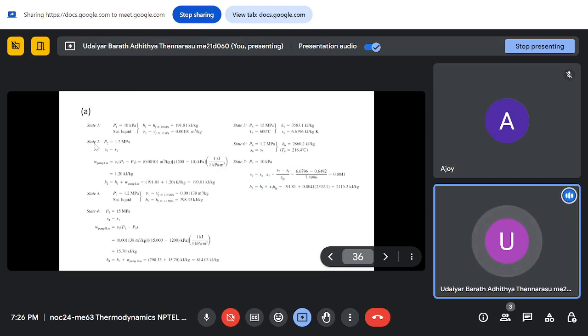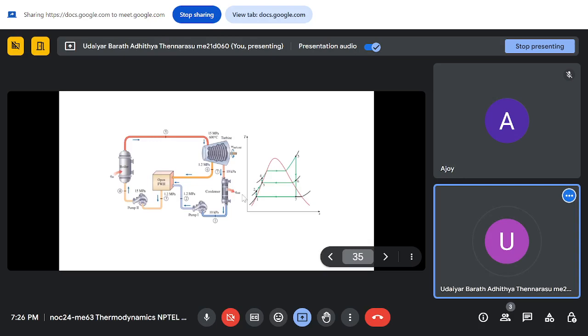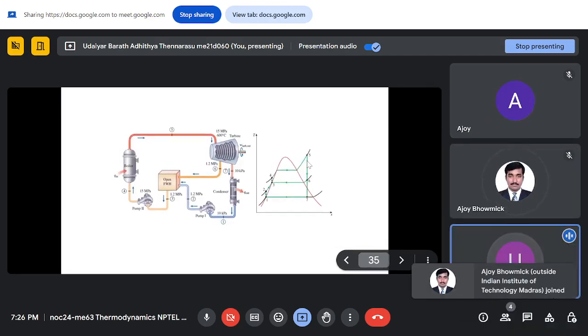So we'll see how to solve this. We know at each point the process is the same: at state 1, 2, and you can find out at 6, at 5.